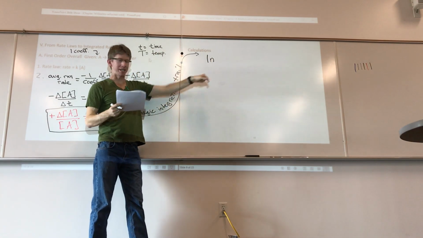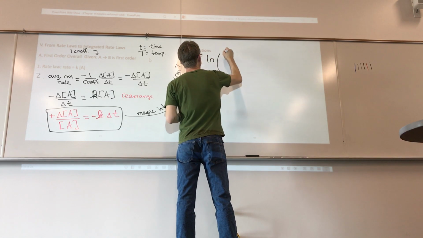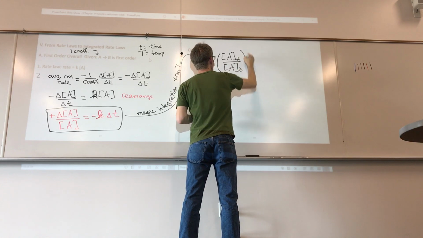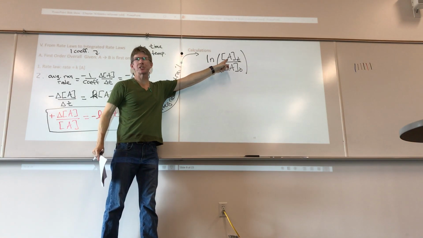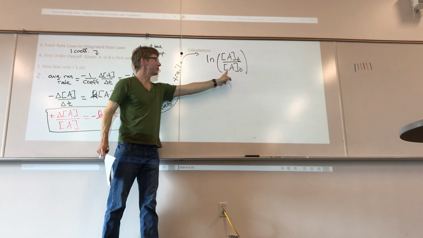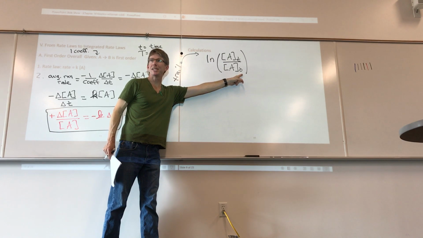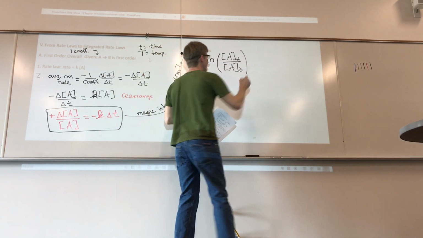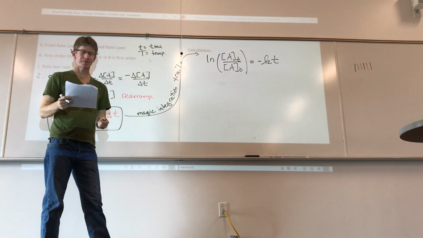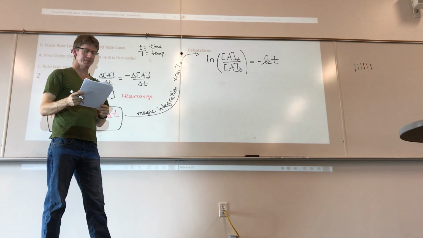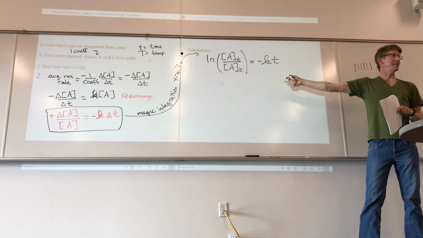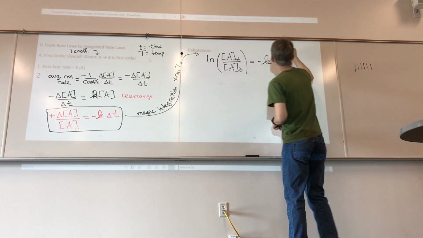Natural logarithm, that's ln, of the concentration of A at some time t, divided by the concentration of A initially, or at t equals 0, equals minus kt. This is what's known as the integrated first order rate law.